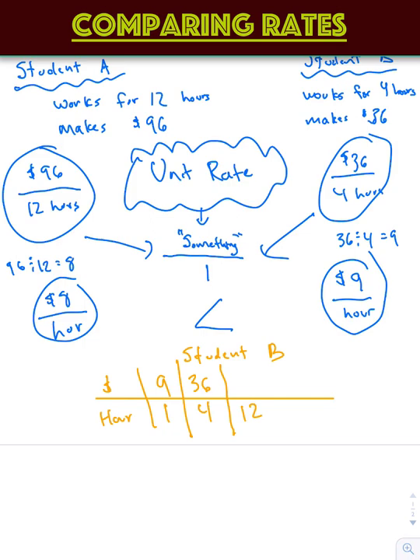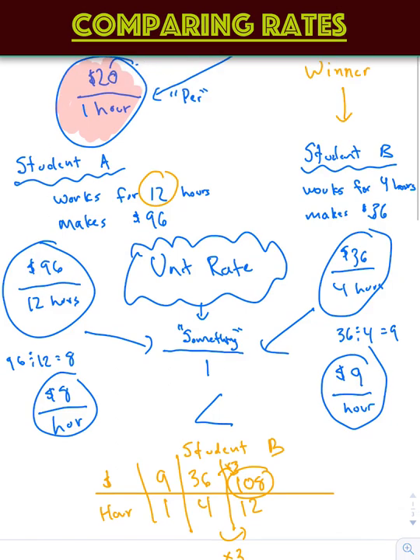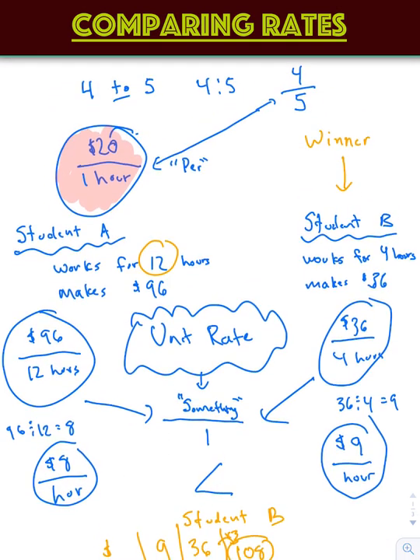So at 12 hours, which is how many hours student A has worked, I could figure out that 4 times 3 is 12, which means 36 times 3 is 108. If student B worked the same amount of time as student A, student B would actually be making $12 more than student A. So that's just a quick introduction to how to compare rates to one another.